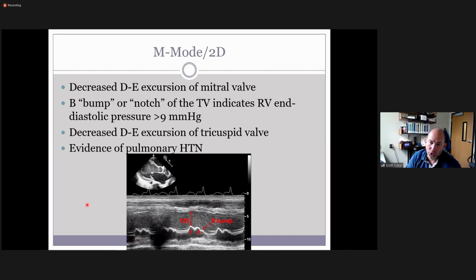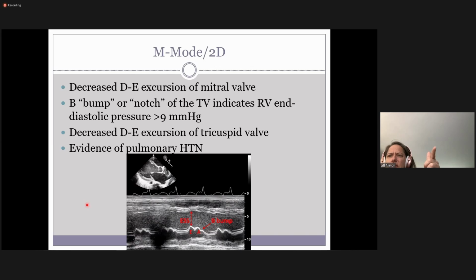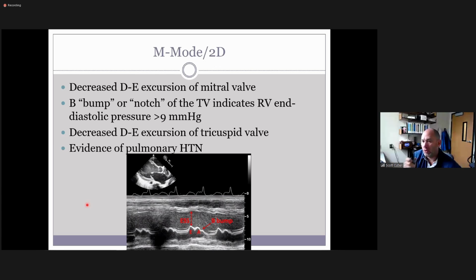So the slide says RV end diastolic pressure is greater than 9. So is it RV or atria? What does your slide mean to say? So you can have a B bump on the mitral valve and the tricuspid valve because they have the same functionality. We just don't really look at it that much in the tricuspid.